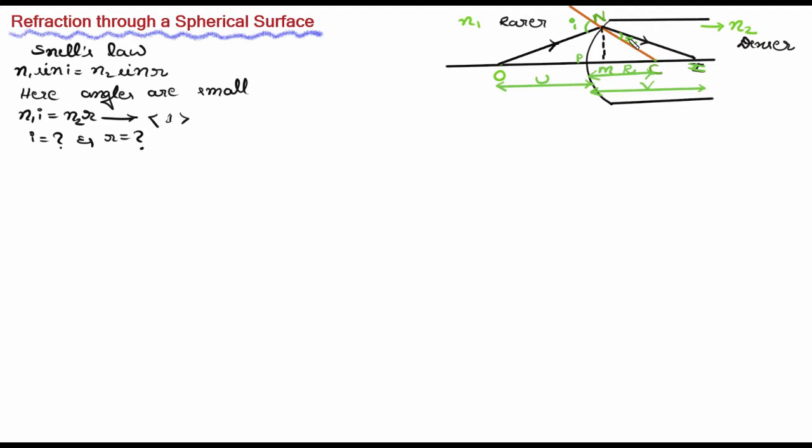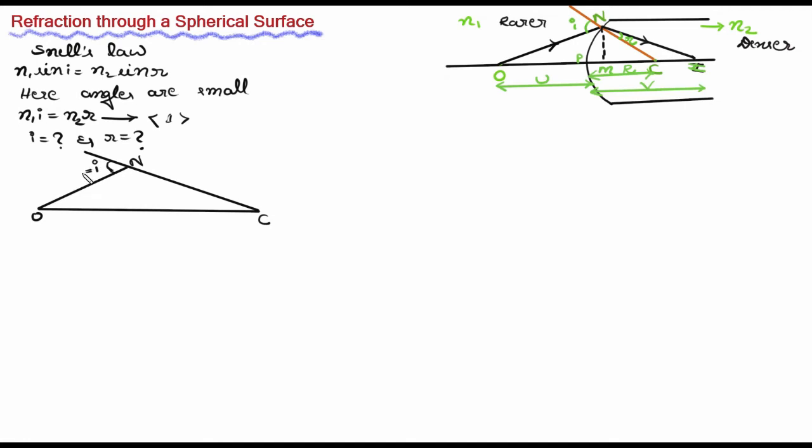Alright. As you can see in the ray diagram, there is a set of triangles like this. I am going to redraw it. Okay. So this point is O, this point is N, and this point is C. Here you have angle of incidence i.